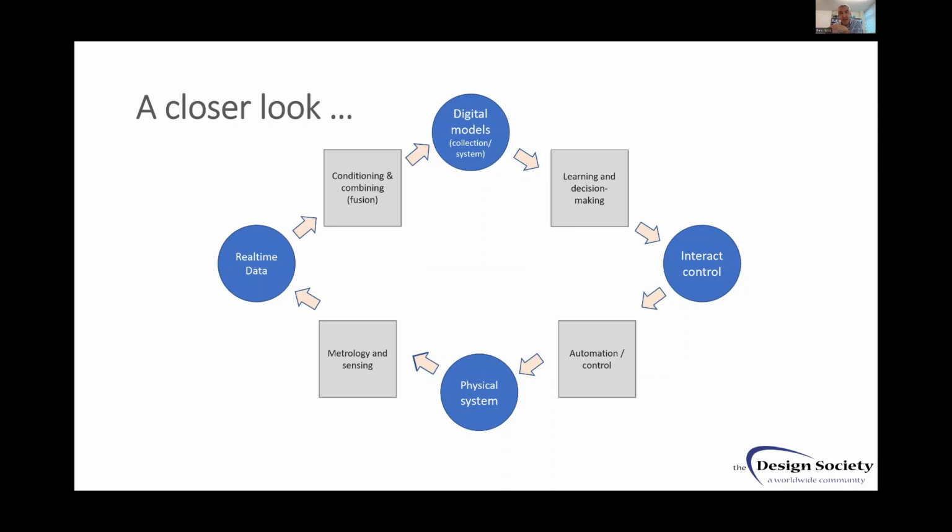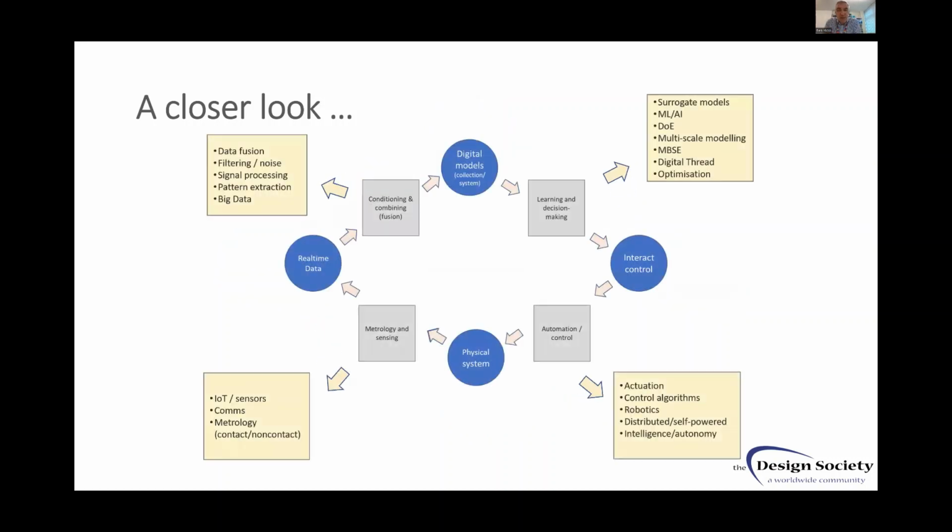We can drill down again and look into those interfaces, and we start to see a number of familiar terms. If we go from 12 o'clock again, the digital models, if we look at learning and decision-making, things like surrogate models, machine learning, AI, design of experiments, multi-scale modeling, model-based systems engineering, digital thread, optimization. We can look at automation and control: actuation, control elements, robotics, self-powered, intelligence, autonomy.